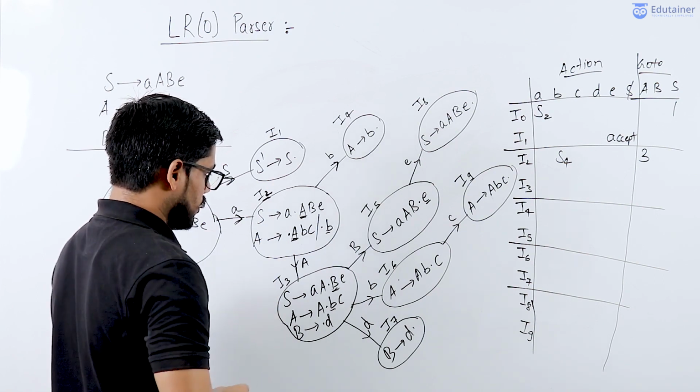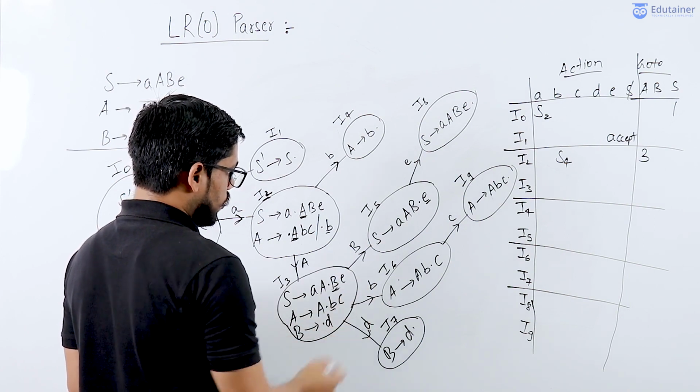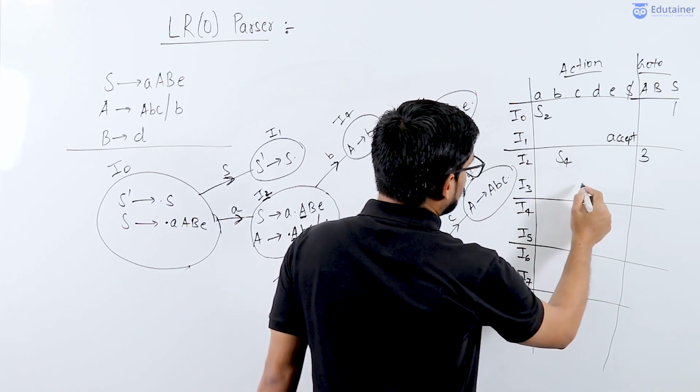Let's take I3 state. I3 state has 3 moves: capital B, small b and small d.